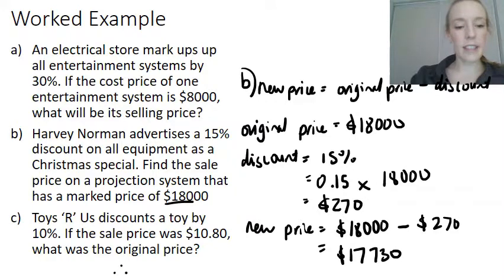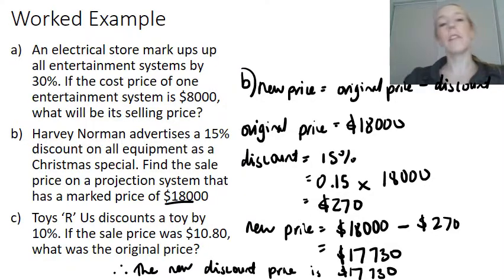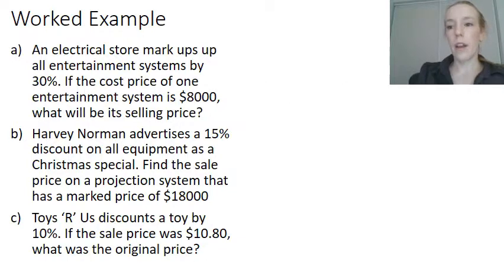And then we'll write that in a sentence. Therefore, the new discount price is $17,730. Easy as that.